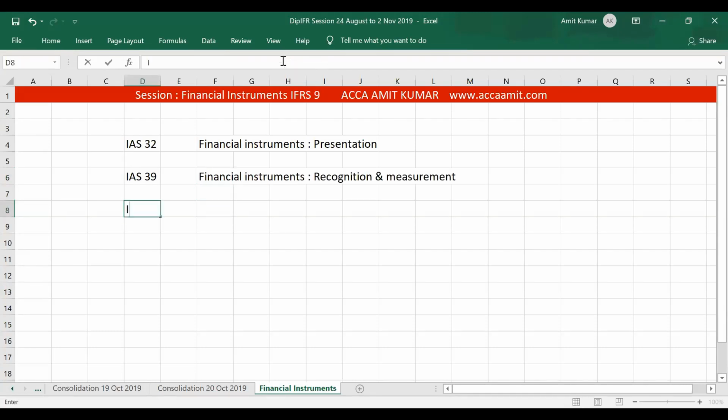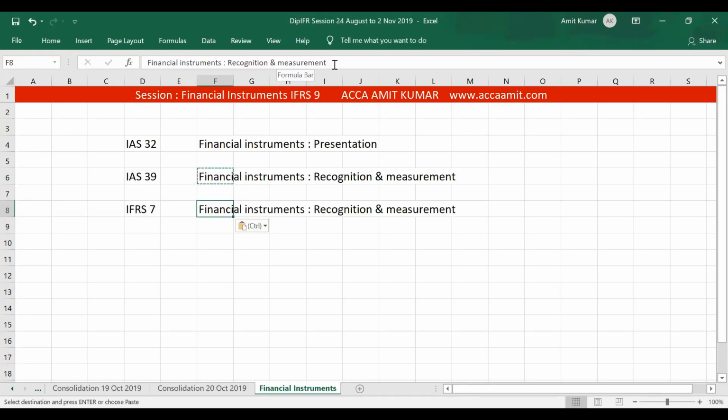And IFRS 7 is for financial instruments disclosures. So as of today, IAS 32 and IFRS 7 exist. Only IAS 39 has been replaced with IFRS 9 financial instruments.